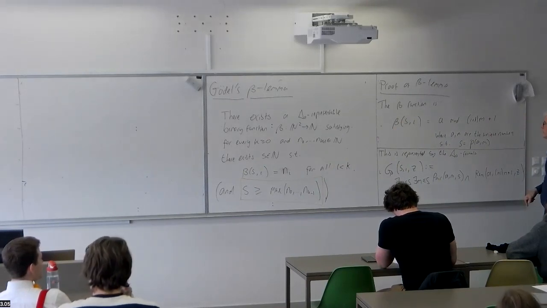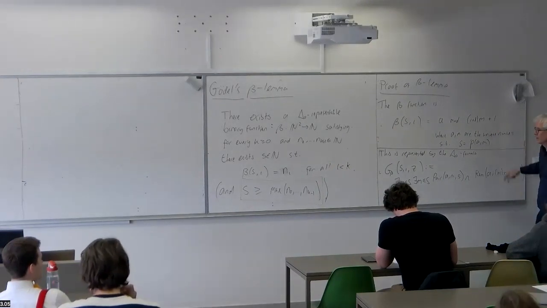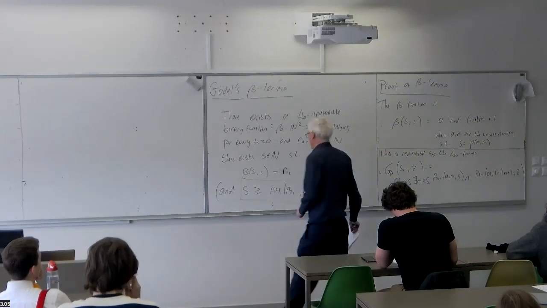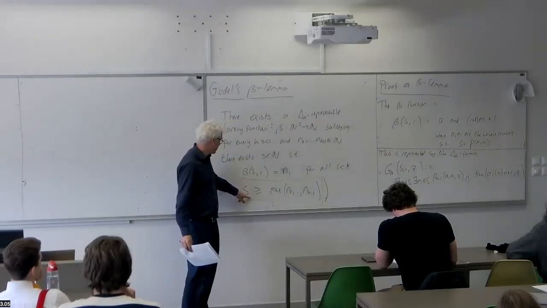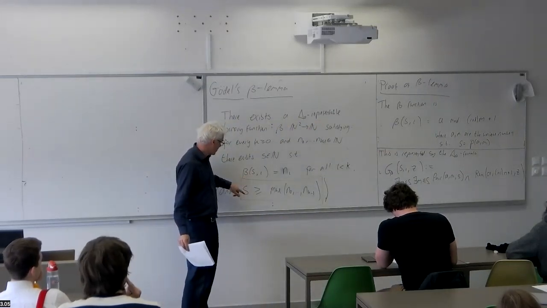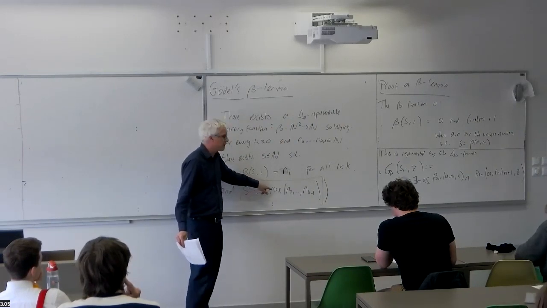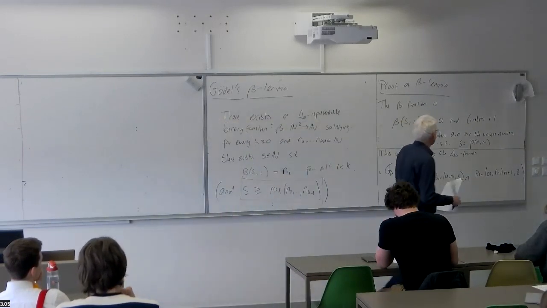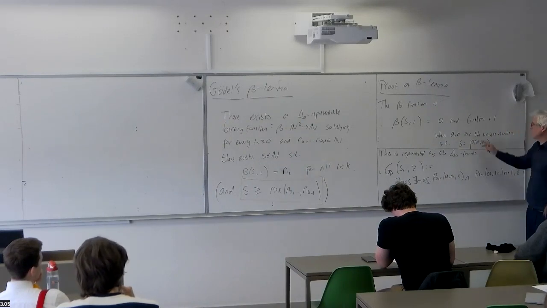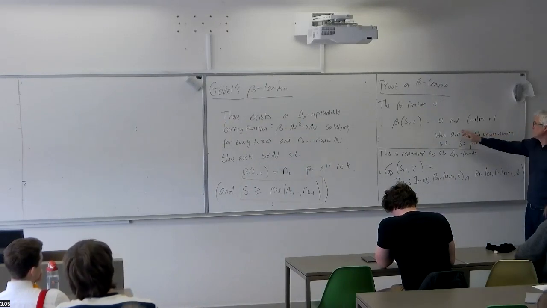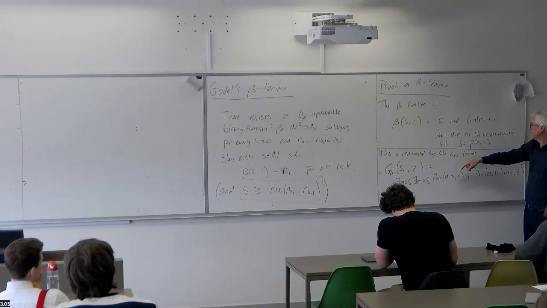And the other thing is, why does this function beta satisfy the property that the encoding of a sequence is always greater than or equal to any values of the sequence? Well, we're getting the values of the sequence out by taking a number A modulo some other number.